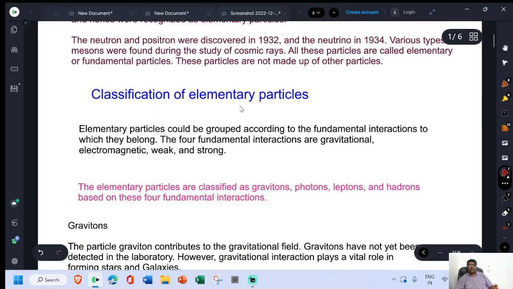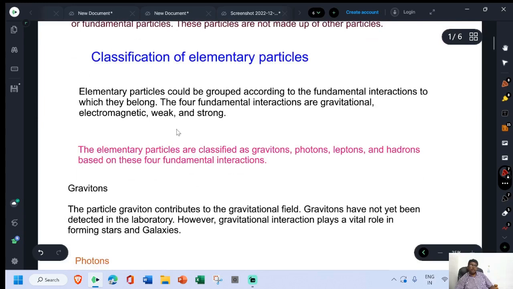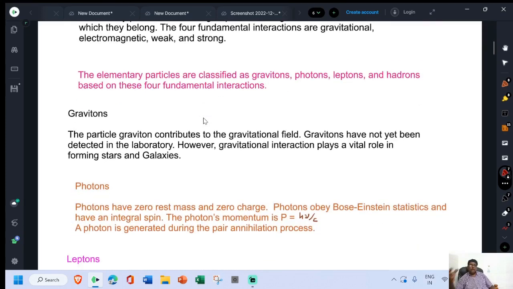Now we will go to the classification of elementary particles. Elementary particles could be grouped according to the fundamental interactions to which they belong. The four fundamental interactions are gravitational, electromagnetic, weak and strong. The elementary particles are classified as gravitons, photons, leptons and hadrons based on these four fundamental interactions.